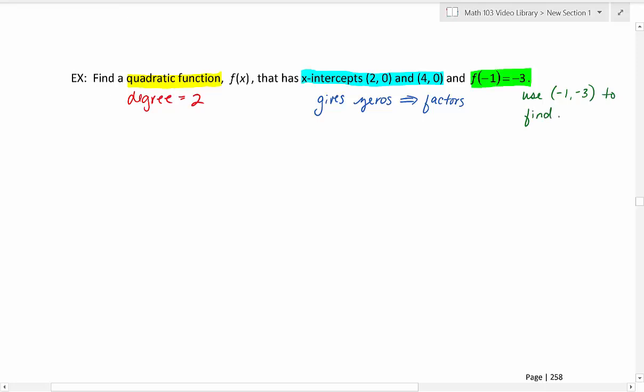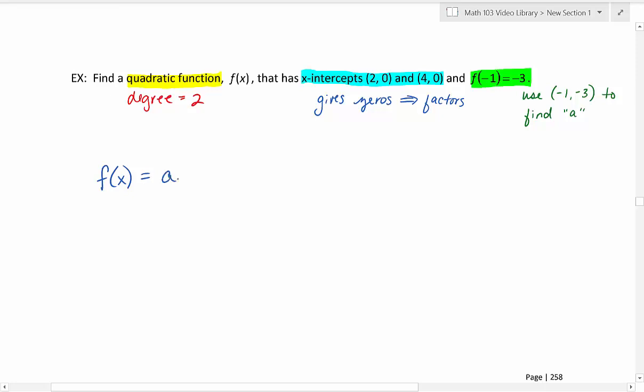And we're going to use it just the way that we did in the previous example with the y-intercept. Since it did not state that any of the x-intercepts had multiplicity, we assume that the multiplicity is 1. So here we have our function f of x. We don't know our leading coefficient yet, so we're just going to call it a.